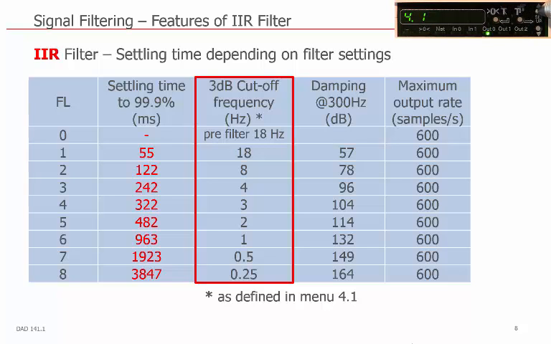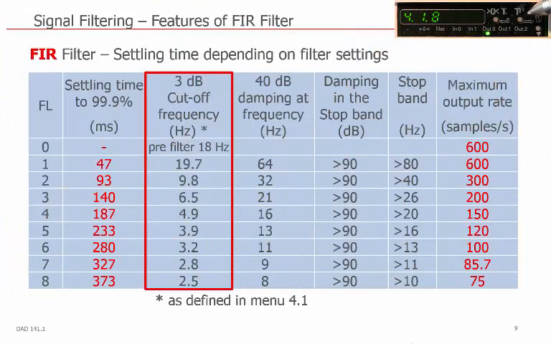Setup FL0 to FL8. The lowest filter is 0.25 Hz. The column damping at 300 Hz shows the attenuation of the filter. In the right column, maximum output rate, you can see it is independent of the different IIR filter settings.